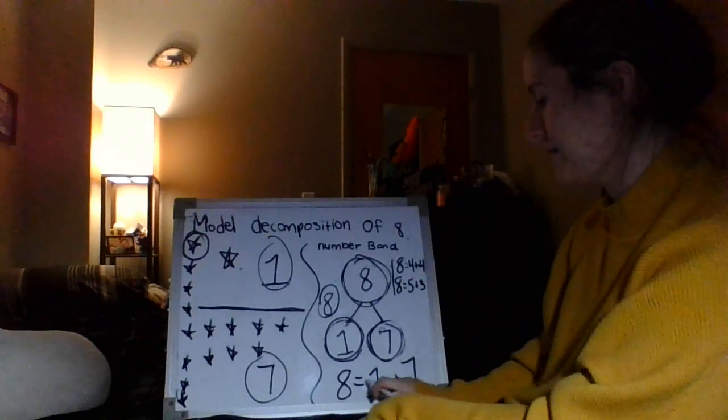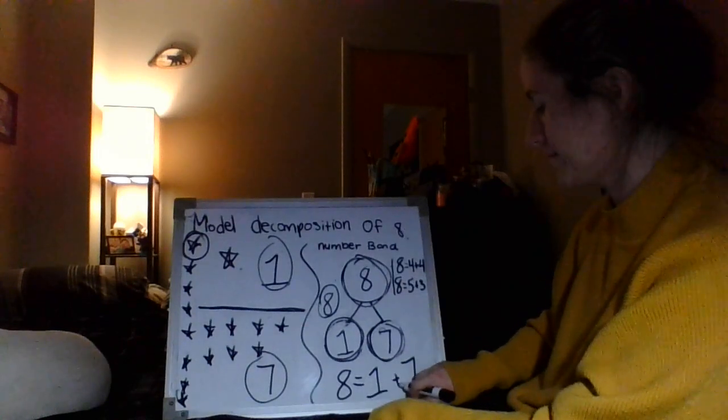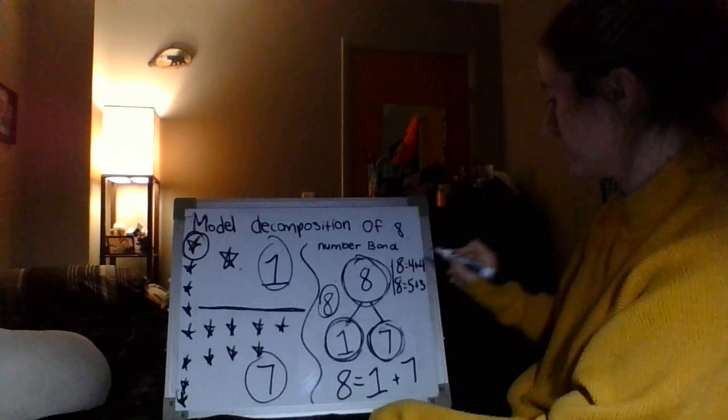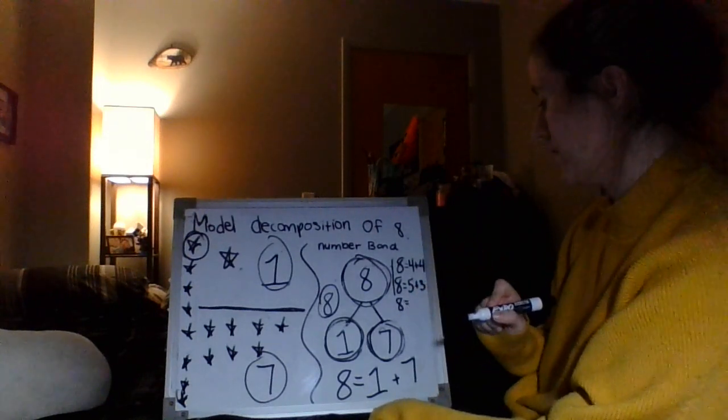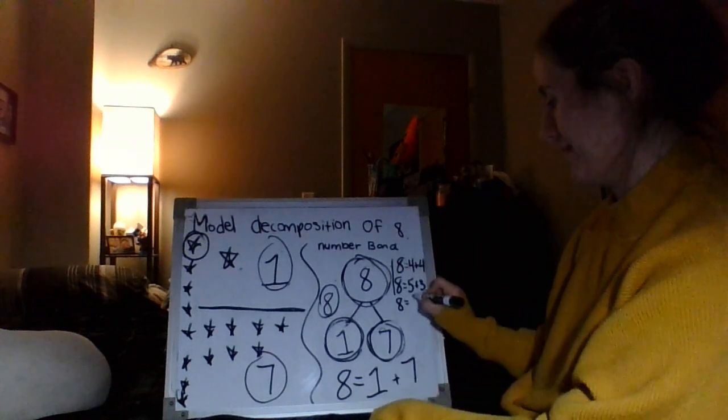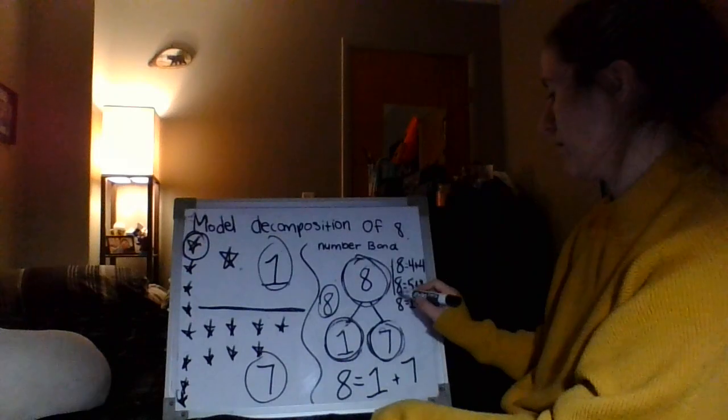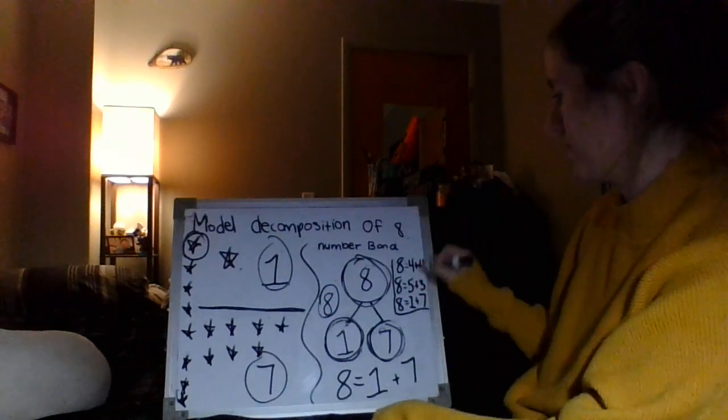This says 8 equals 1 plus 7. So that is another way that 8 can be broken up into 1 and 7. 8 equals 1 plus 7.